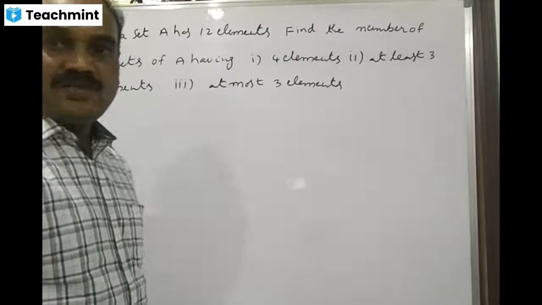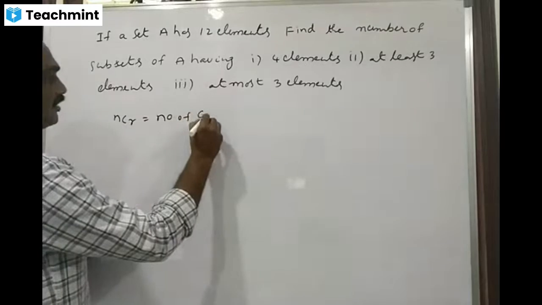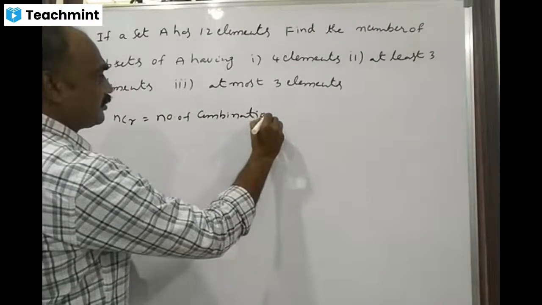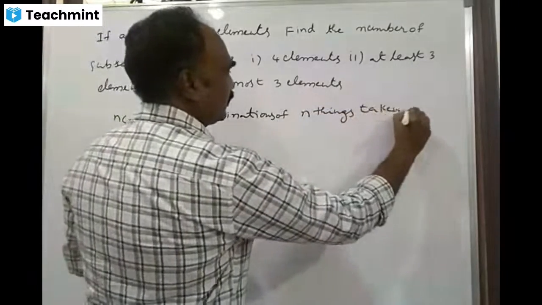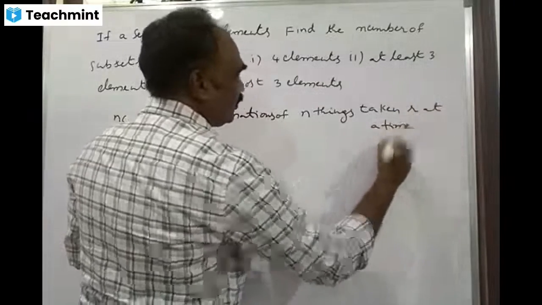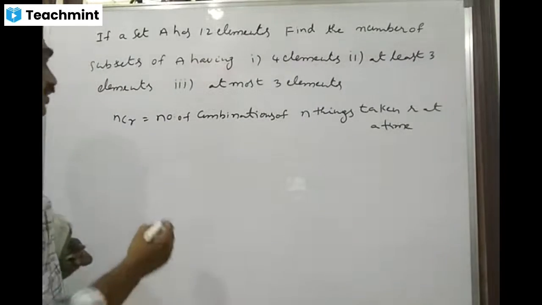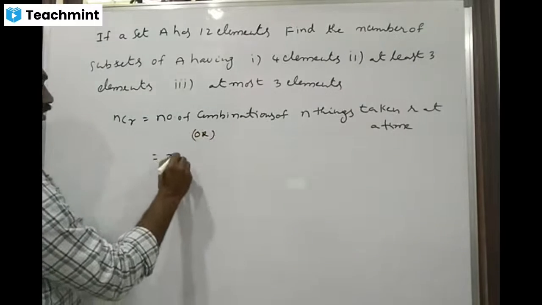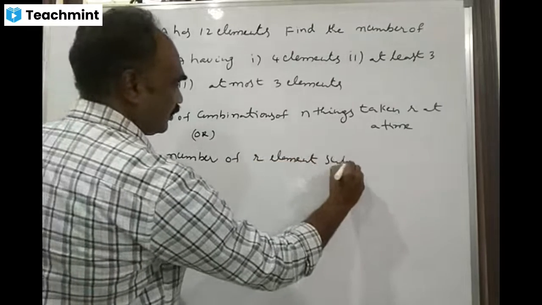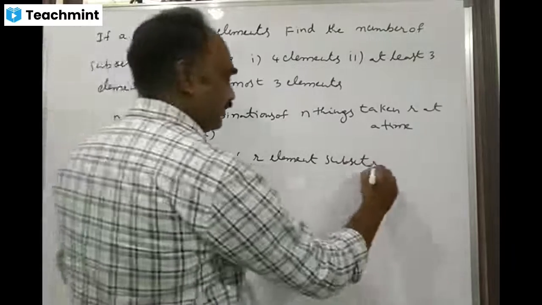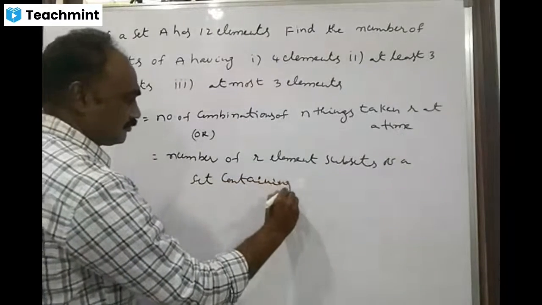Friends, nCr is equal to the number of combinations of n things taken r at a time, or the number of r element subsets of a set containing n elements.